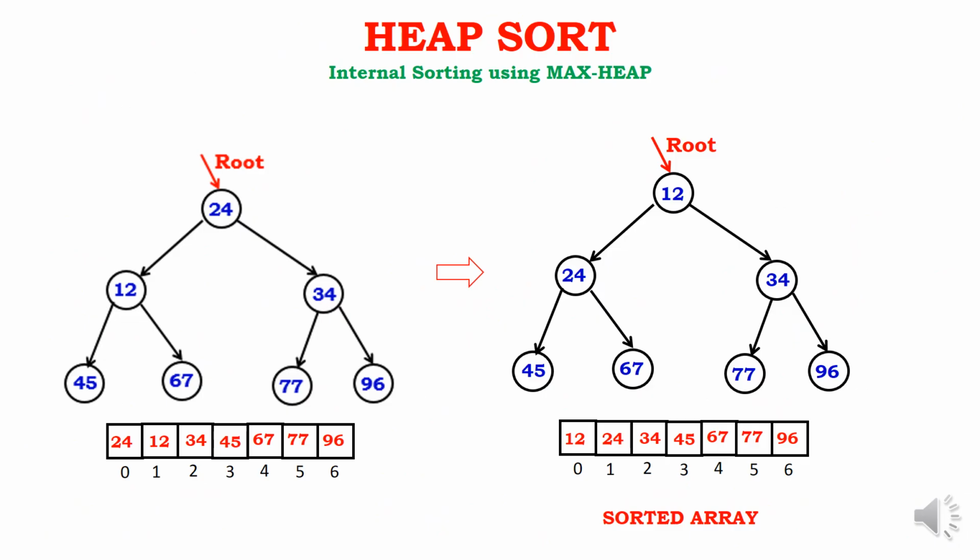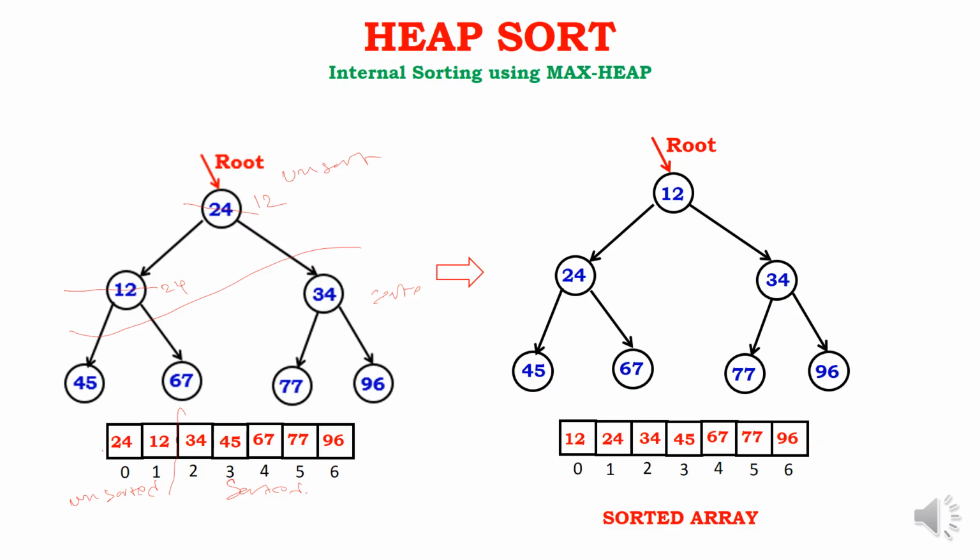Step once again. Two elements are remaining. 24 is the largest element and it is swapped. See, this is unsorted and this is sorted. The largest element is swapped with the last element of the heap, 12, 24.